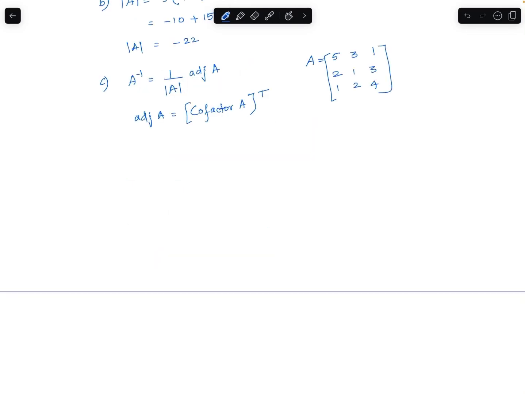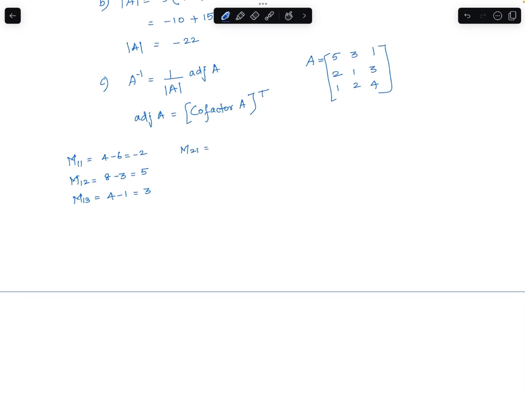Minor of A11, that is M11, is equal to 4 minus 6, which is minus 2. M12 is 8 minus 3, that is 5. M13 is 4 minus 1, which is 3.